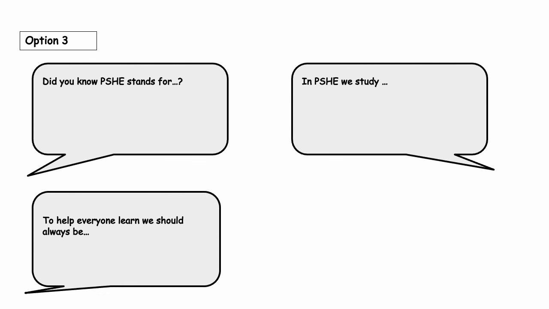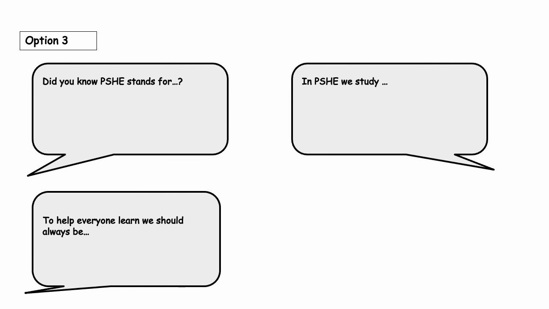Your partner might say, "In PSHE, we study personal, social, health, economic topics. To help everyone learn, we should always be..." So you might want to include, after this sentence starter, some of the rules or some of the ideas that you have that will help the classroom to be really supportive and be a really effective environment for learning.